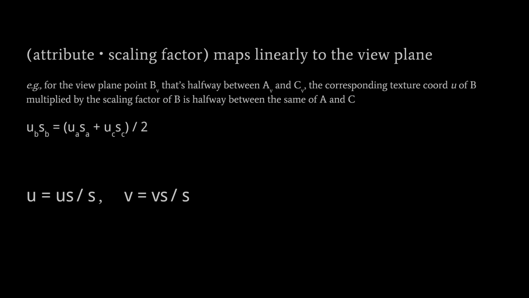And so for a point on the view plane, for a pixel, we've computed what U times the scaling factor for that pixel should be, and we also know what the scaling factor is, so then we can divide out the scaling factor to get U. And the same logic for V.